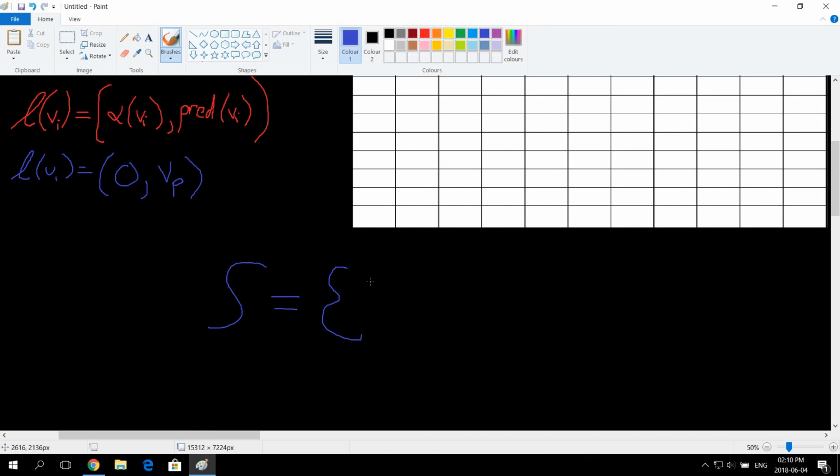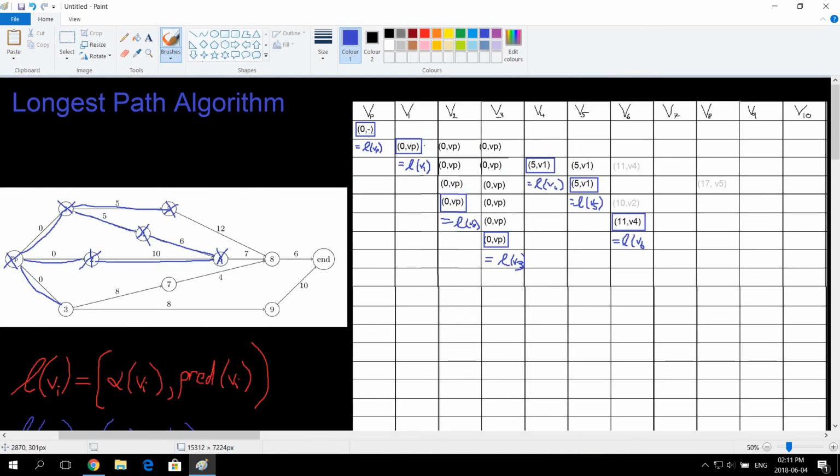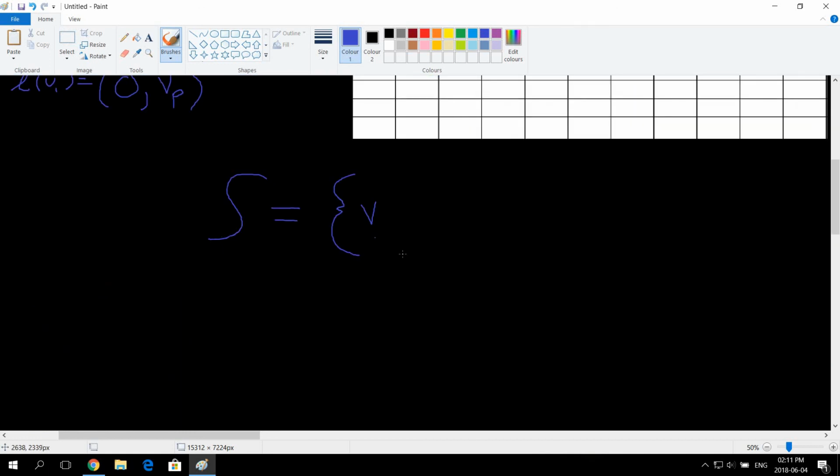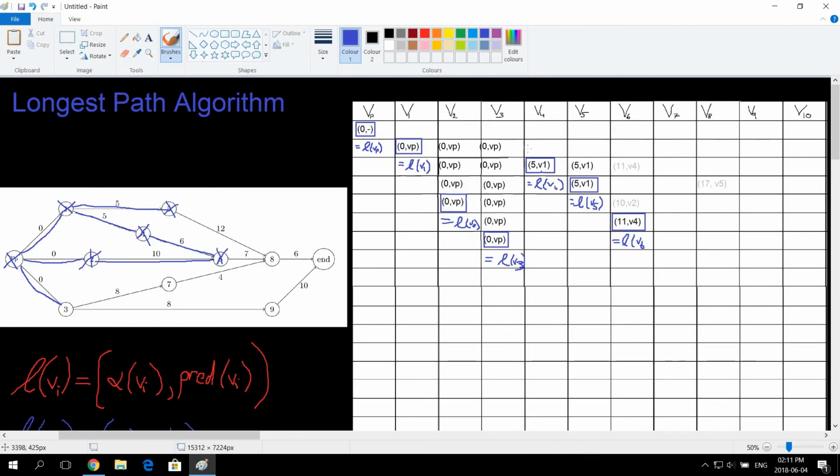This is, sorry, it looks like something weird. So you got this set, and in this set so far it's all the blue. This is the permanent label graph. So it has all the V's with the permanent labels.